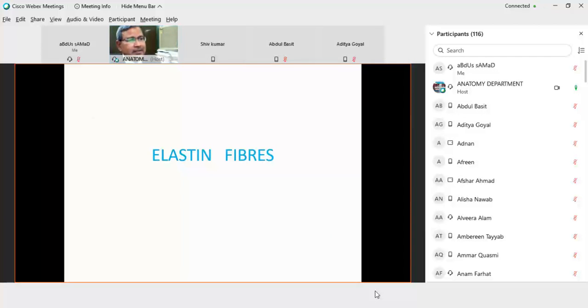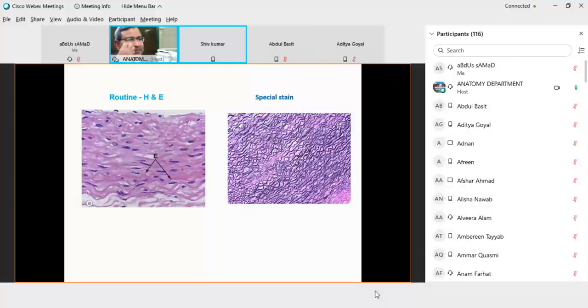The third is the elastin fiber. Elastin fibers are also found in the form of sheets. For example, in the case of the blood vessels, one has got the sheets. They can be perforated also. With special stain, you can see a large number of elastin fibers or elastic sheets around the aorta, and based on that, they are called elastic arteries.